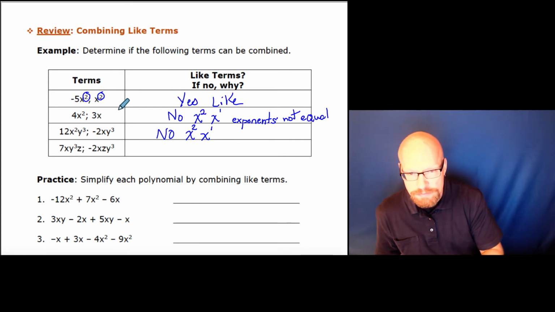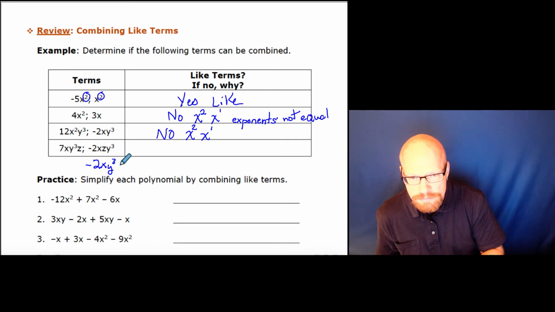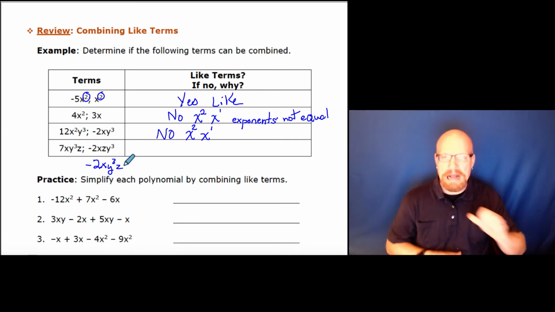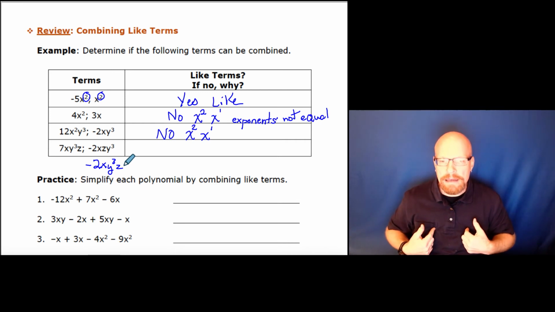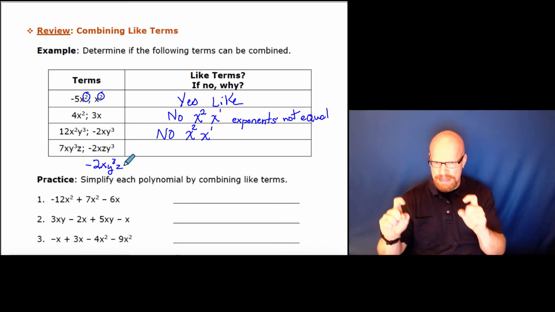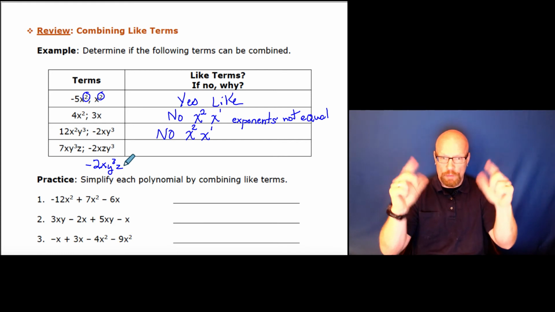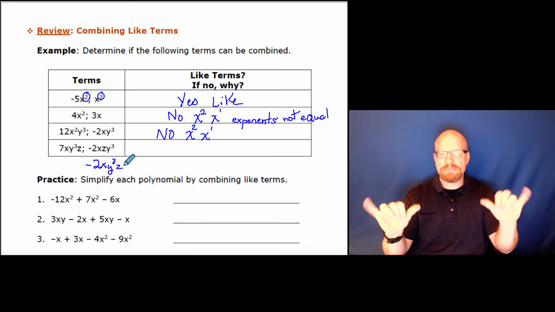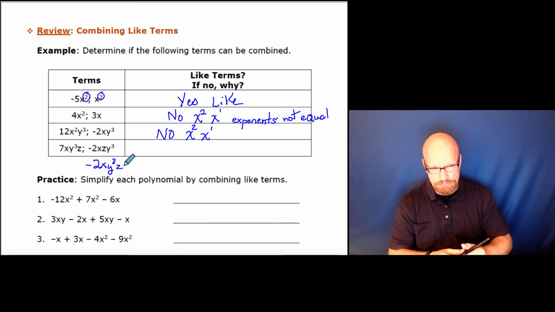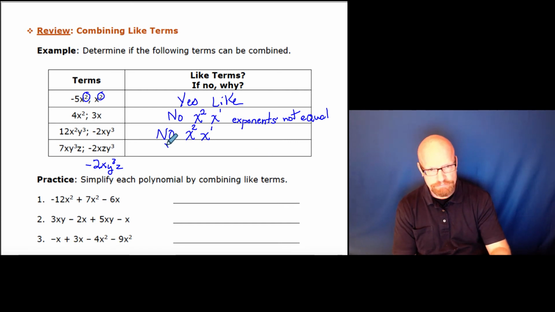Therefore, we can rearrange the variables. So now I can see x, y cubed, and z in the same order. It illustrates that they're really the same. They are like terms.